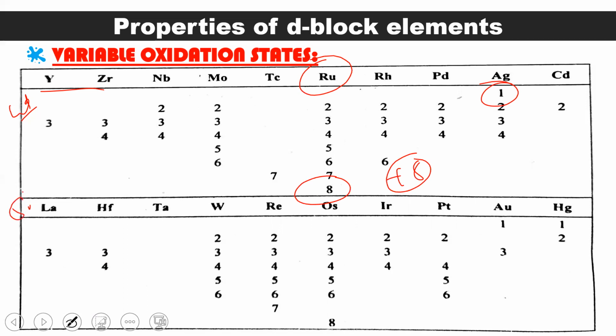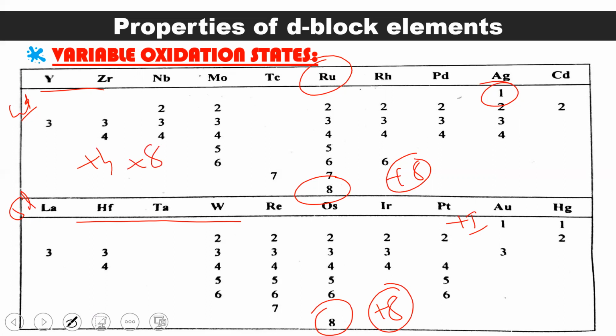Coming to the 5d series, what are the elements present? Lanthanum to mercury. In this series, the minimum oxidation state is +1, and the maximum oxidation state in the 5d series is +8. So remember this one. In the 4d series, it is +1 and also +8.